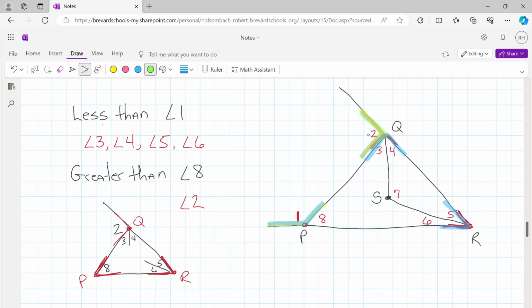The measure of angle 2 is equal to the measure of angle 8 plus the measure of angle 5 and 6 combined. So 2 is greater than 8 and 2 is greater than 5 and 6, which means that 8 is also less than angle 2. Okay? Angle 5 is less than angle 2. Angle 6 is less than angle 2.